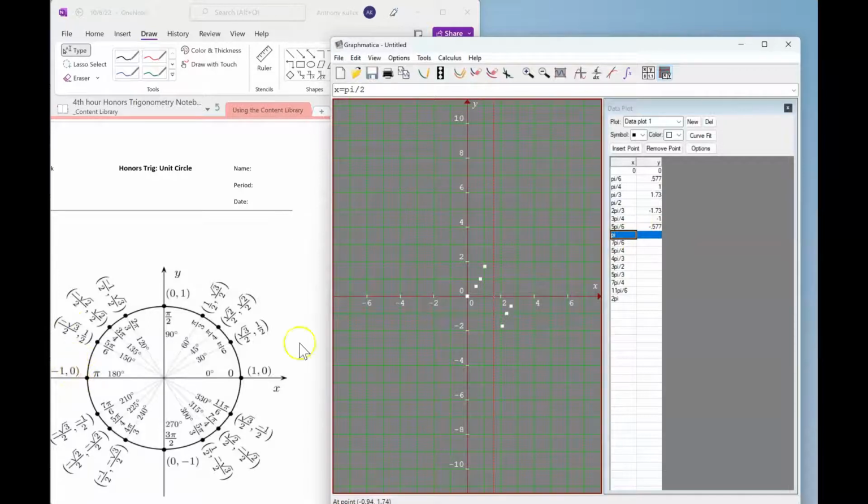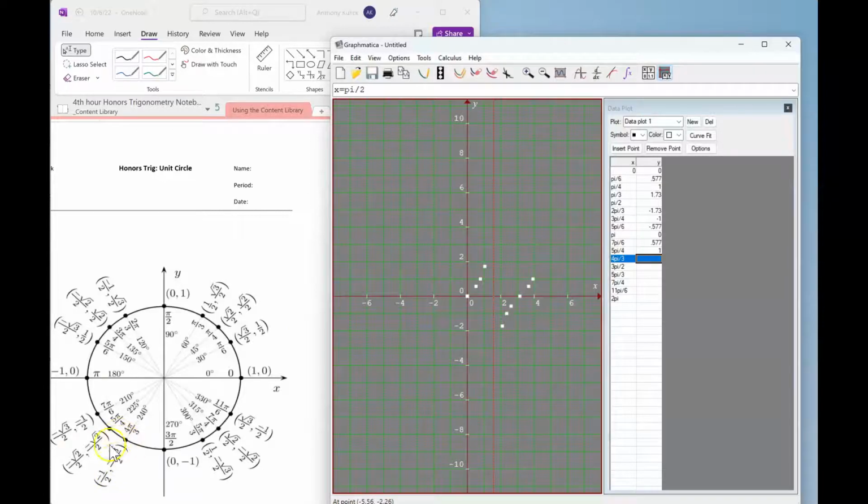Tangent of pi is going to be 0 over negative 1. Tangent of 7 pi over 6 is going to be negative 1/2 over negative root 3. Well, that's positive 1 over the square root of 3, or 0.577. And then that's going to be root 2 over 2 divided by root 2 over 2.